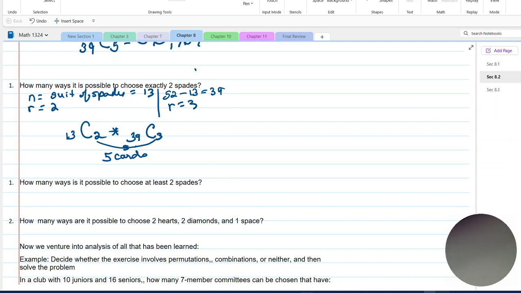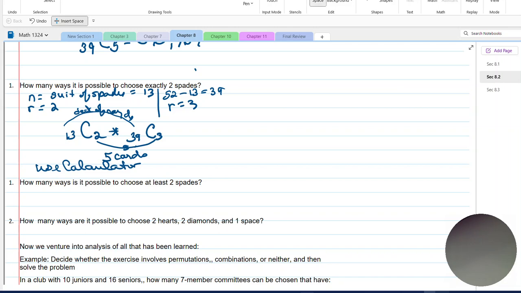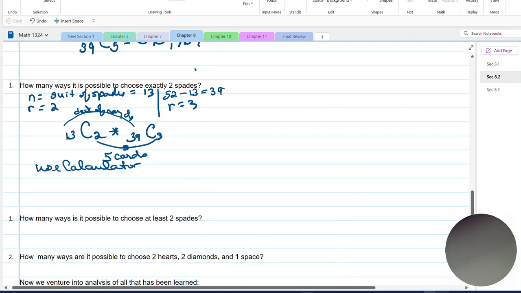And this makes the deck of cards, which is 52. All right. So now we stick it in the calculator. Because they said any 2 cards, it's not a probability yet.